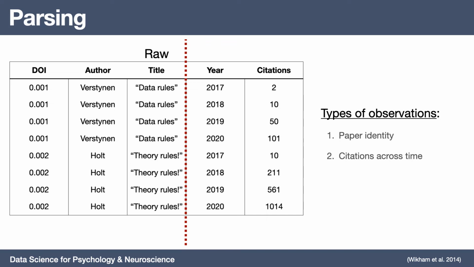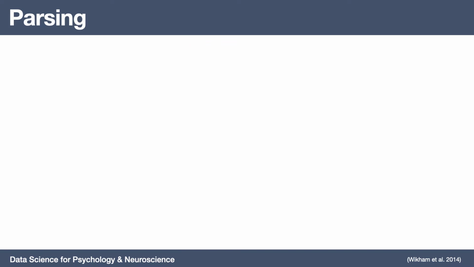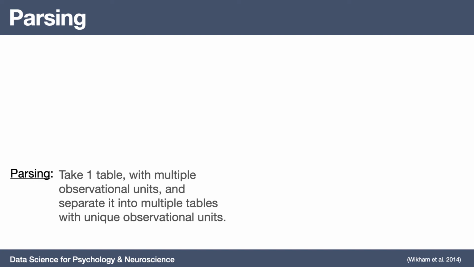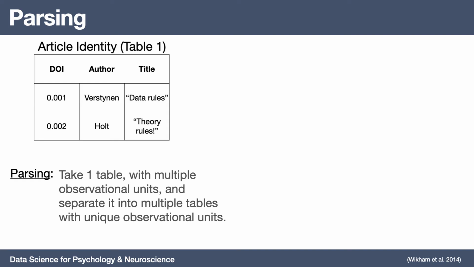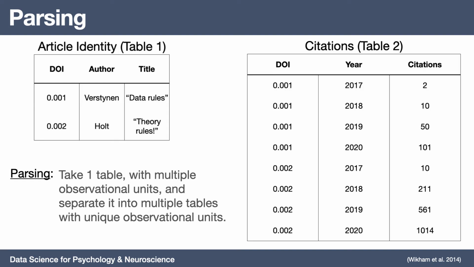Now, the nice thing about data tables is that if you parse them, you can still connect them. So if we parse these by taking one table with multiple observational units and separating it into multiple tables with unique observational units, we can have a table that defines article identity, and a table that describes the citations by year, linking it with a single ID number, right?